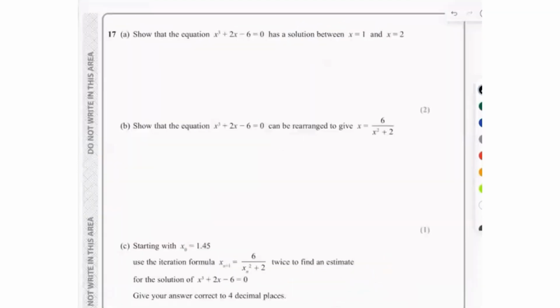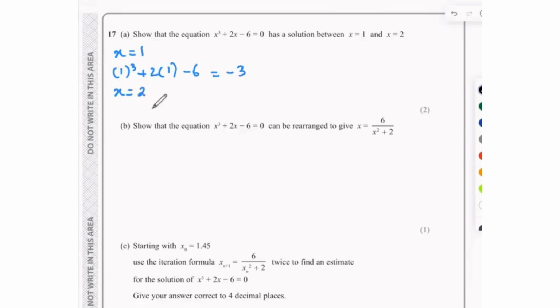Question 17 says, show that the equation x cubed plus 2x minus 6 equals 0 has a solution between x equals 1 and x equals 2. In these questions, you substitute the values that are given. When you put x equals 1, that's 1 cubed plus 2 times 1 minus 6, which is 1 plus 2 is 3, 3 minus 6 is negative 3.